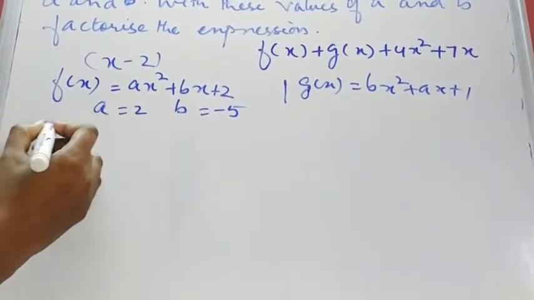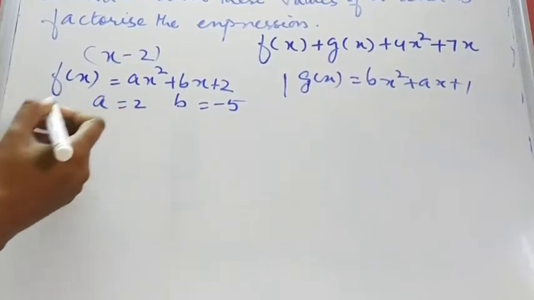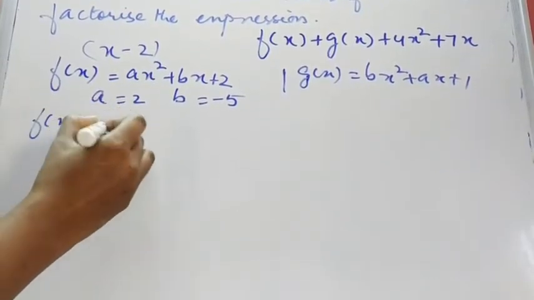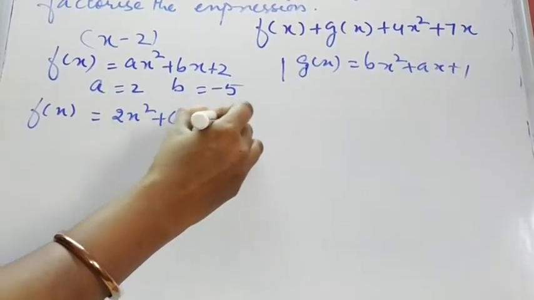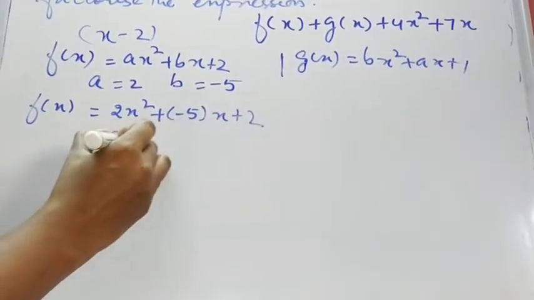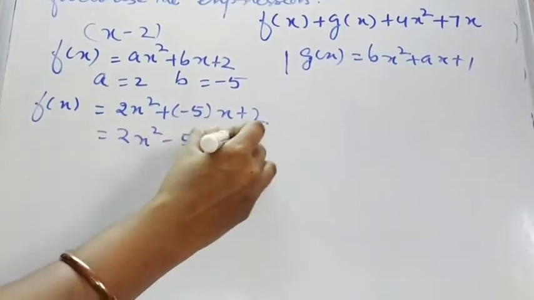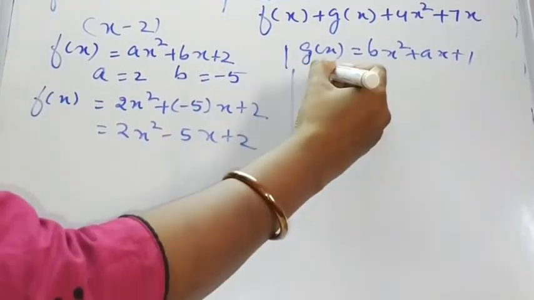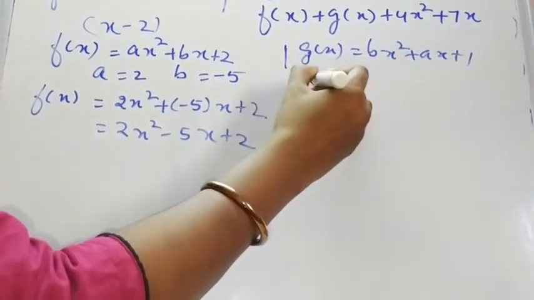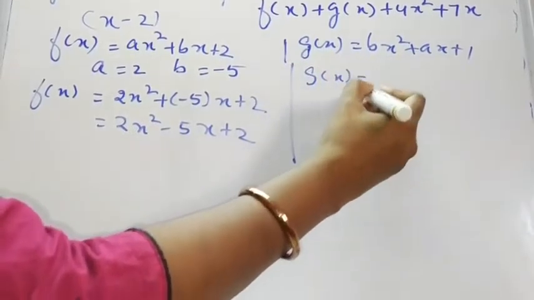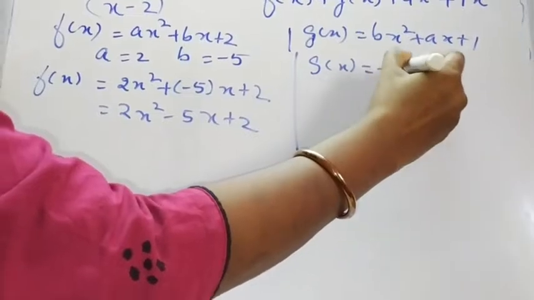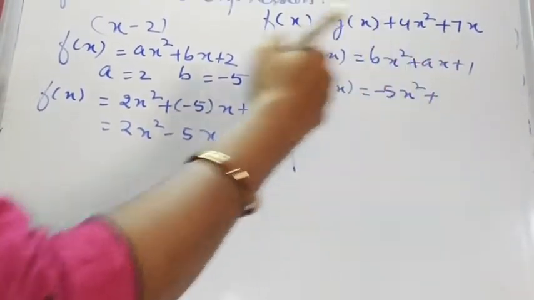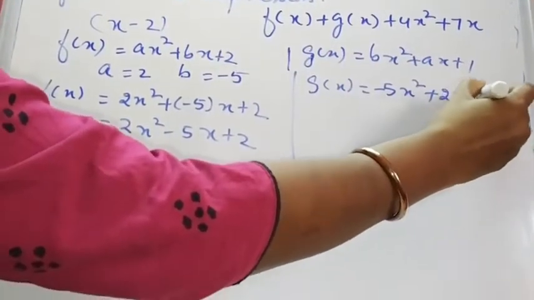Therefore, substituting these values, f of x will become 2x squared minus 5x plus 2. In the same way, substituting a and b, g of x will be equal to minus 5x squared plus 2x plus 1.